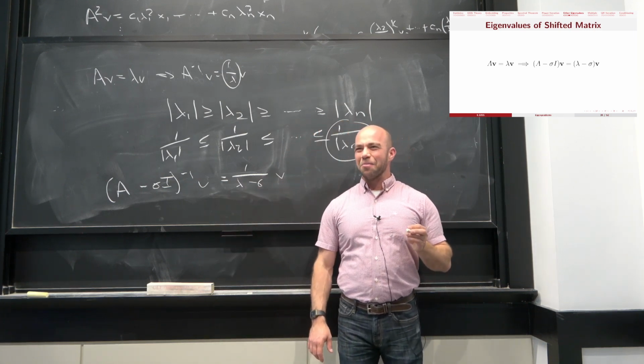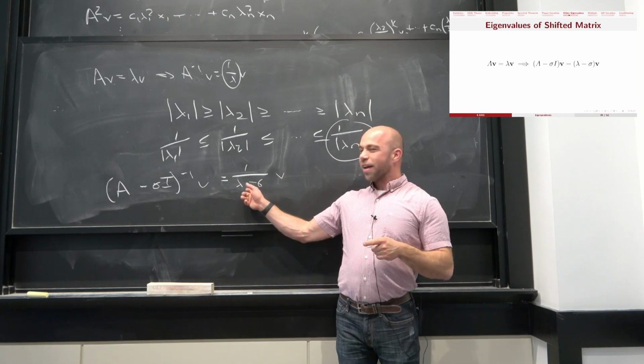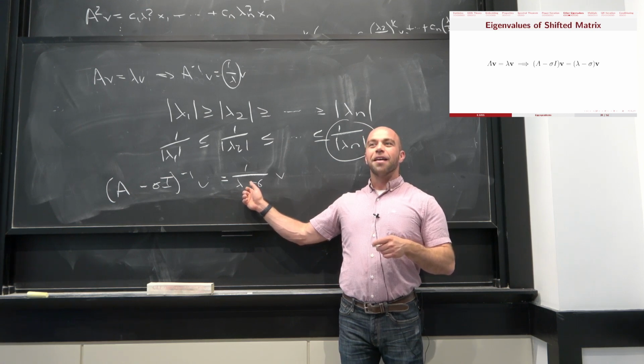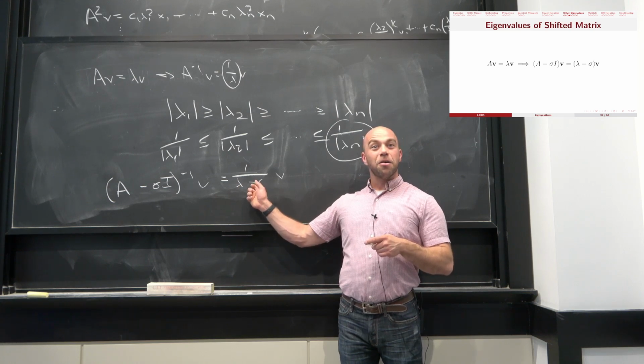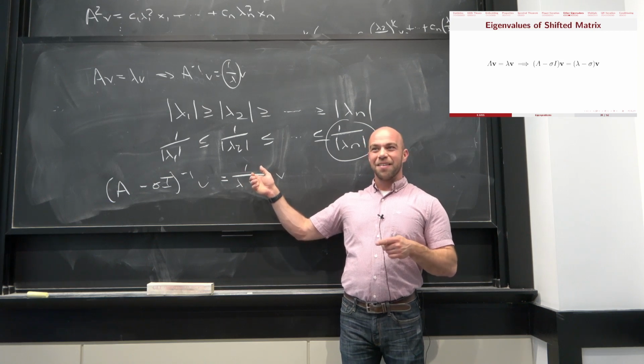We haven't done anything terribly profound yet in this lecture. So when is this value big? When do we get a big eigenvalue? Yeah, when lambda and sigma are really close, 1 over lambda minus sigma is really big, right?